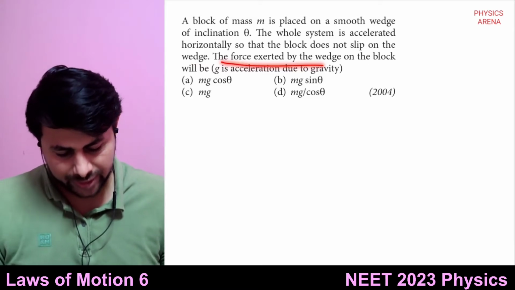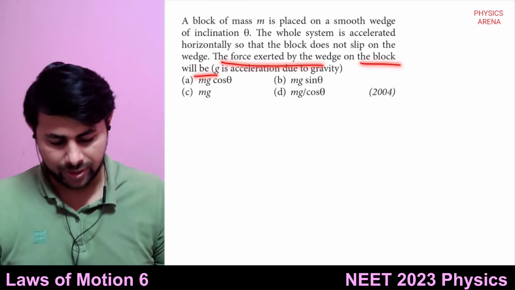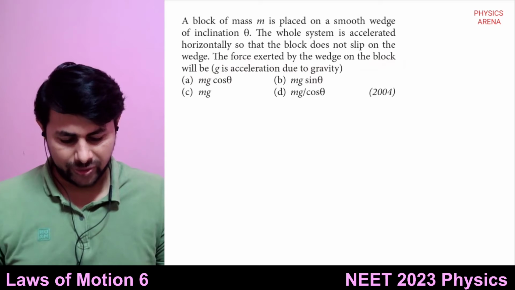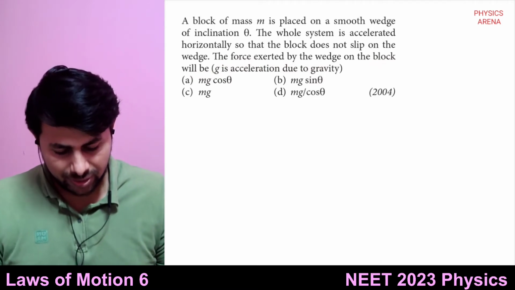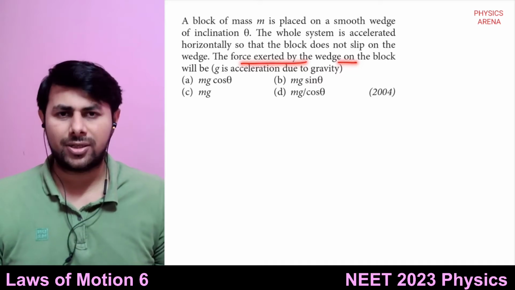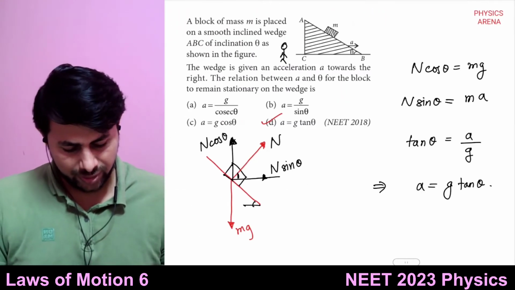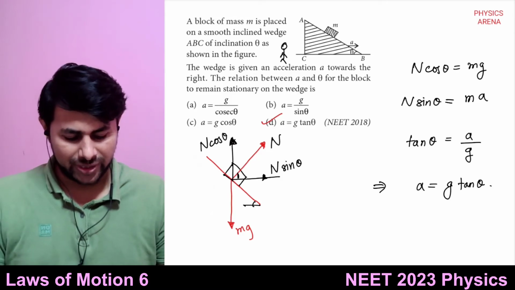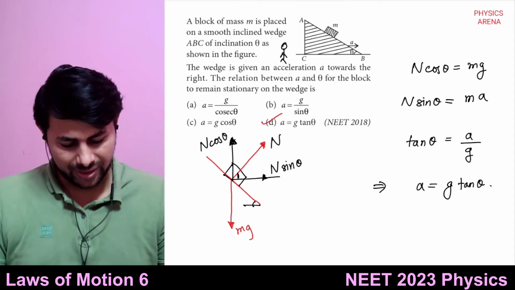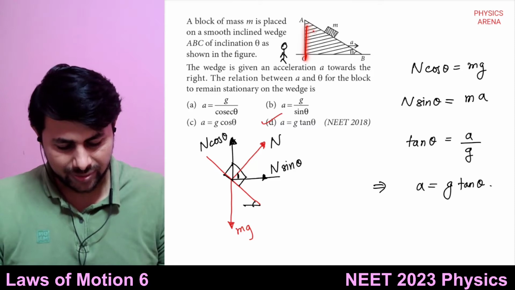Okay, the force exerted by wedge on the block will be. So in earlier case, what was asked? The acceleration was asked. In this case, the force exerted by wedge on the block is asked. Okay, so can you tell me, looking at this problem, what would be the force exerted by wedge on the block?